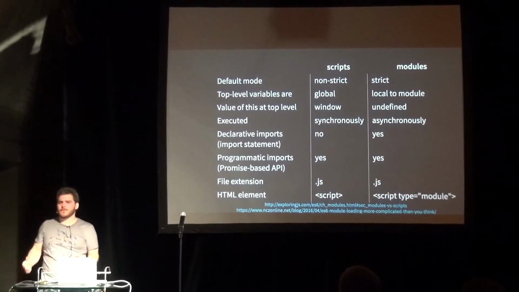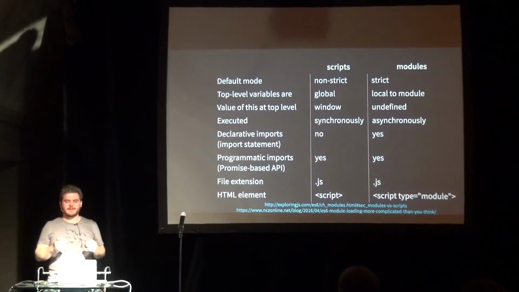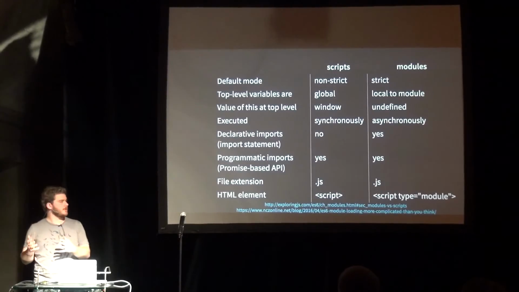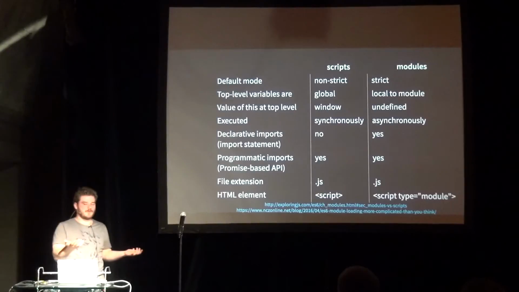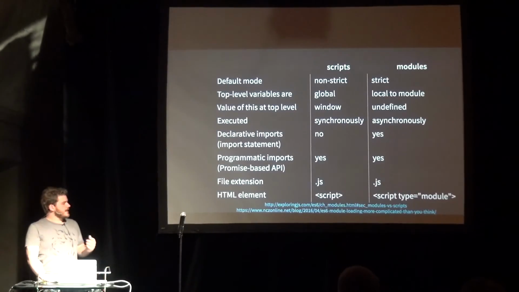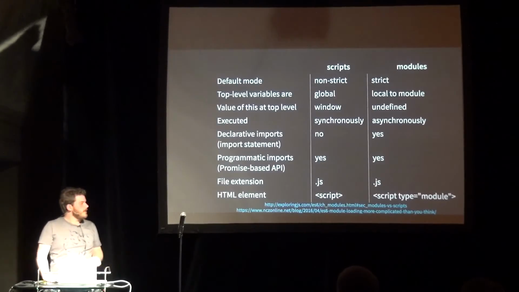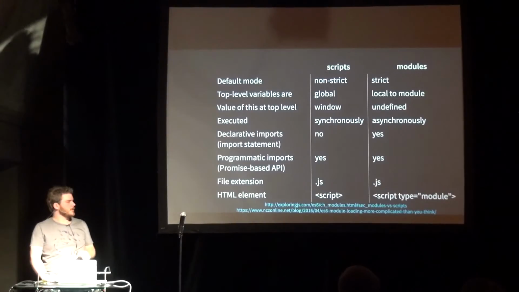So we need some other idea. One of the ideas was to have the file extension specify whether we have a module or we have a script, so introduce a new file extension. But in the end, we settled on the script type with an additional attribute called module.